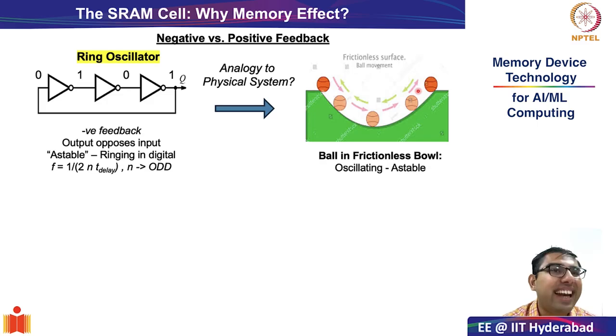This kind of oscillating system is also called an astable system, right? Because there is no particular stability point. Okay. If you had introduced some friction over here, then what would have happened? After a while, it would have come to the minimum potential energy point, which is the bottom of the bowl. But in a frictionless system, this will be essentially astable.